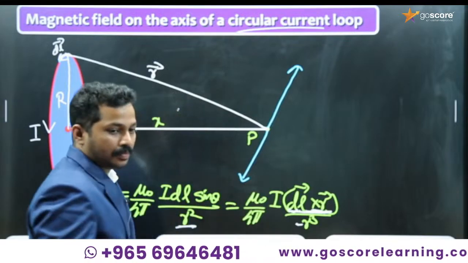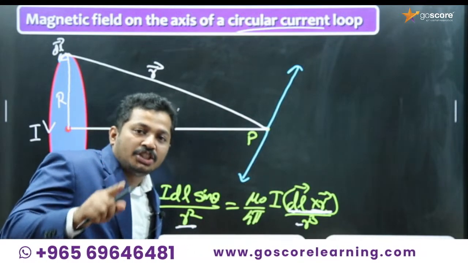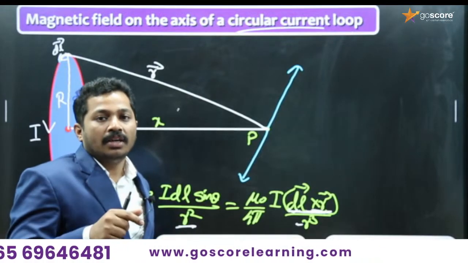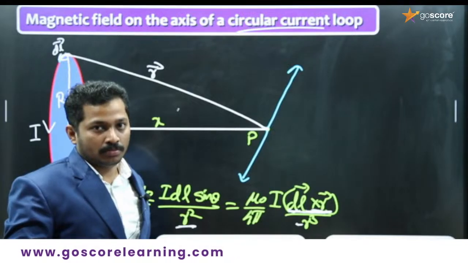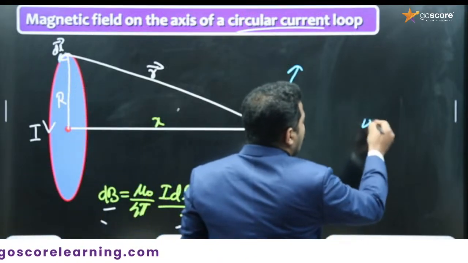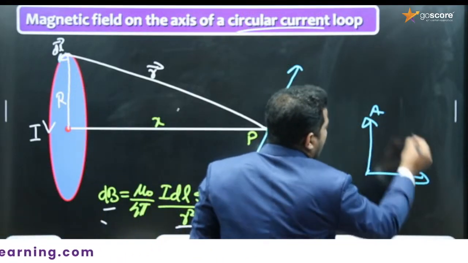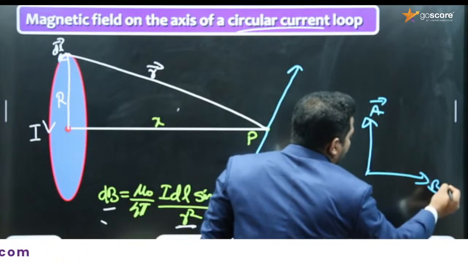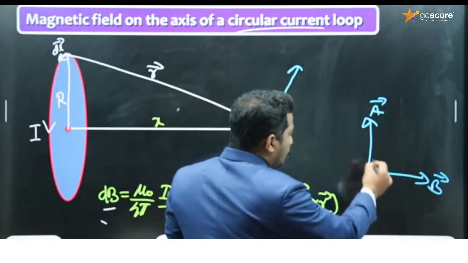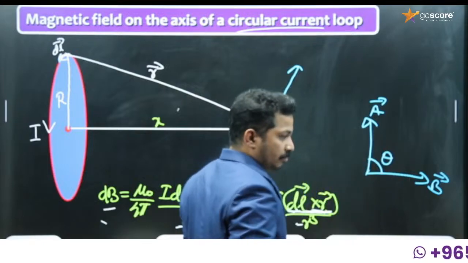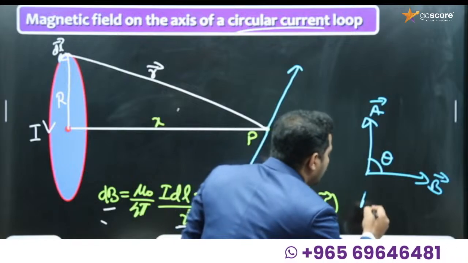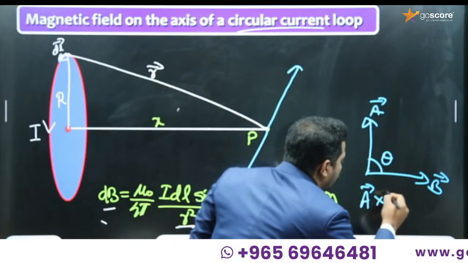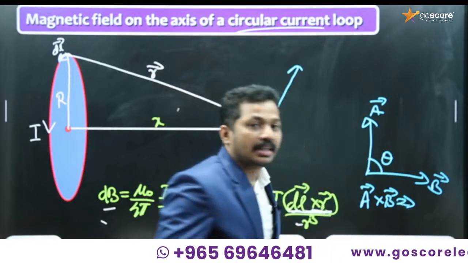Any idea? To find the direction of a vector product, we have the right hand screw rule. Do you remember the right hand screw rule? Take two vectors, vector a and vector b, with angle theta between them. To find the direction of vector a cross vector b, we use the right hand screw rule.